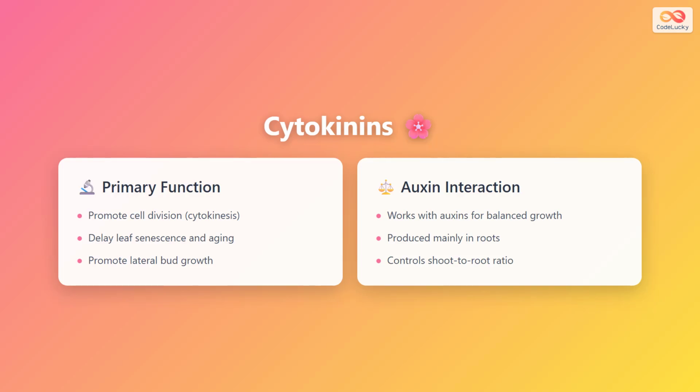These hormones work in close partnership with auxins to achieve balanced growth. While auxins are produced mainly in shoots, cytokinins are synthesized primarily in the roots. The ratio between these two hormones helps control the shoot-to-root ratio, determining whether a plant invests more energy in above-ground growth or root development.